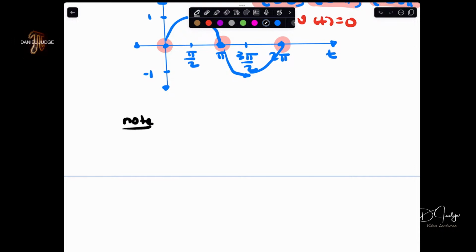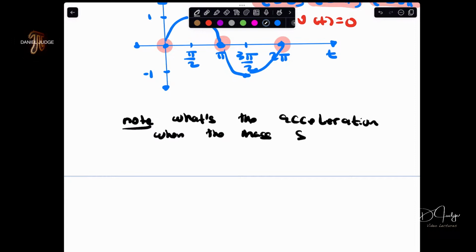So note, they can ask, what's the acceleration when the mass or particle stops? And we know it stops at these times.